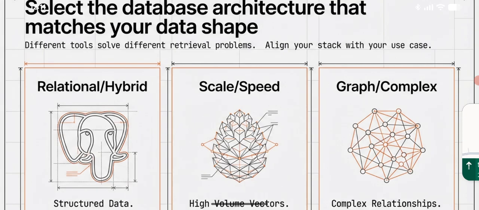Otherwise, if there is a huge set of data spread globally, Pinecone, which is fine-tuned and specialized for vector embeddings, can be used. It also supports partitioning. So based on which region it is used in, the read replicas are created and they are kept in sync.